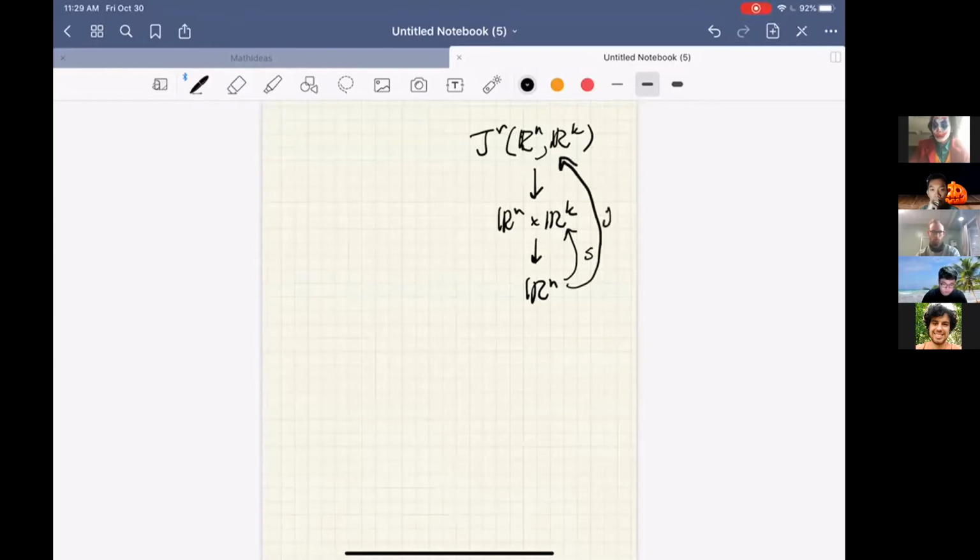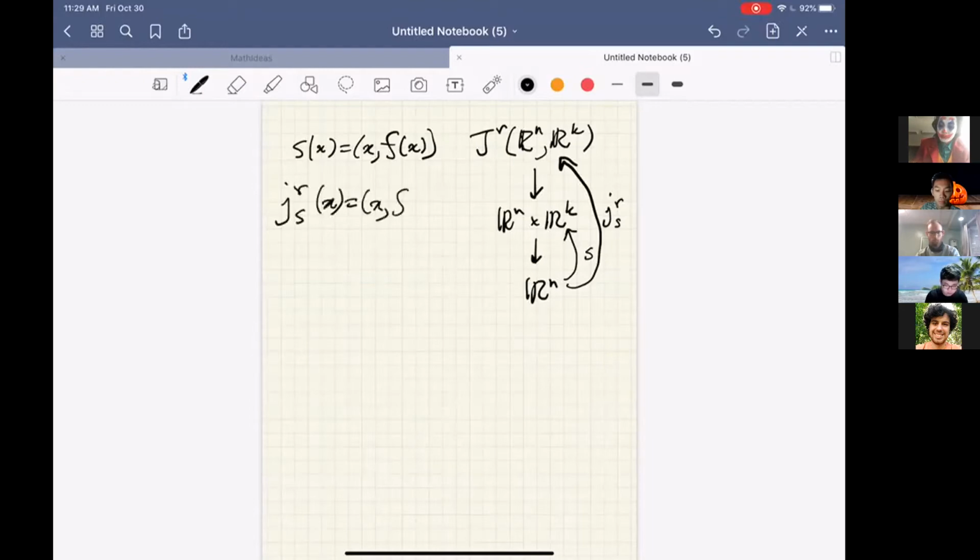You just take the rth jet. You just take derivatives of the function given by the section. So let me write this out, S of x. I'm taking derivatives of the function f from R^n to R^k. So I'm not taking derivatives of sections. I don't need a connection or anything like that. And then J^r of s is just the derivatives of the function.